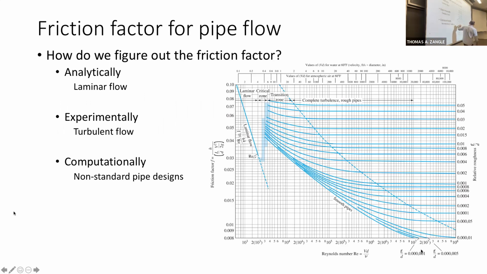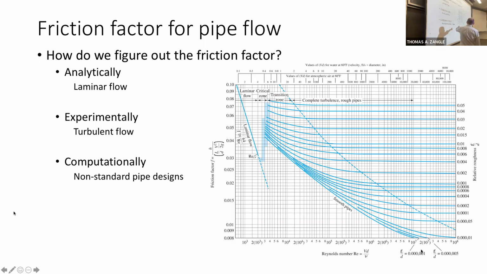We looked at a relationship from the 1800s that was based on the observation that the friction loss within pipes tends to go as L V squared over D. And from that, Hagen proposed a friction factor definition, which tells us what the head loss is in the pipe in terms of V squared L over D and this friction factor F. And so F is equal to h_L D over V squared times 2g.